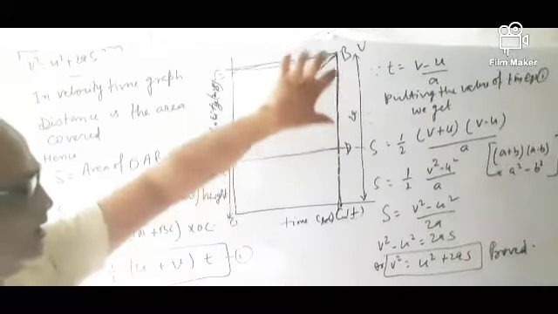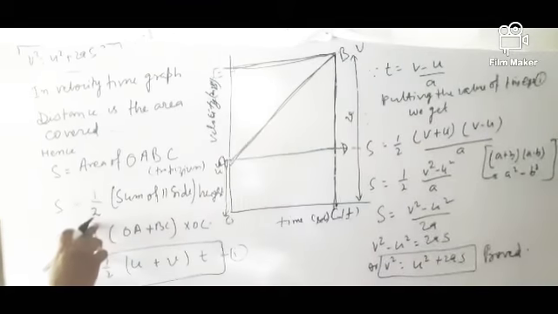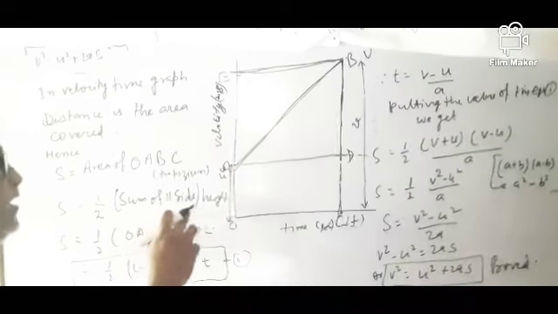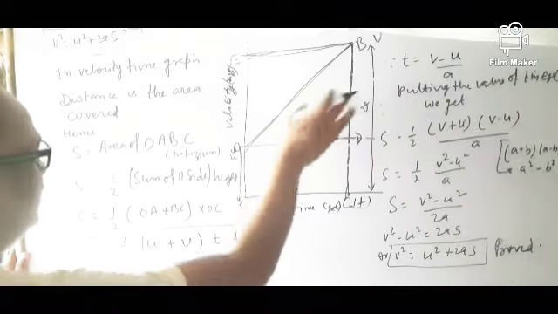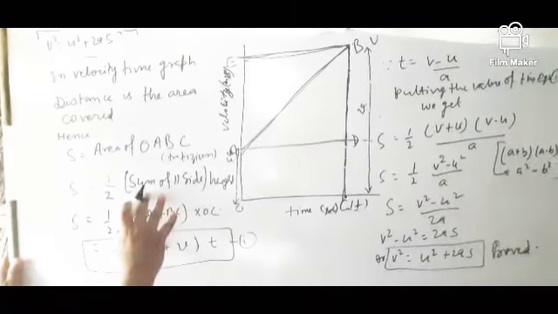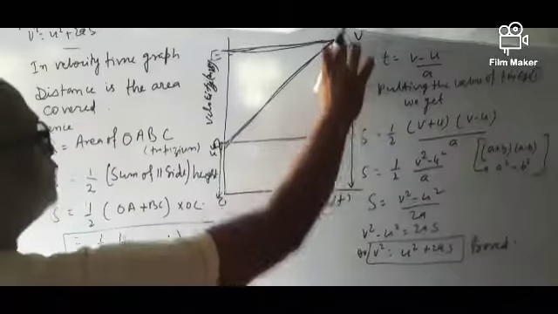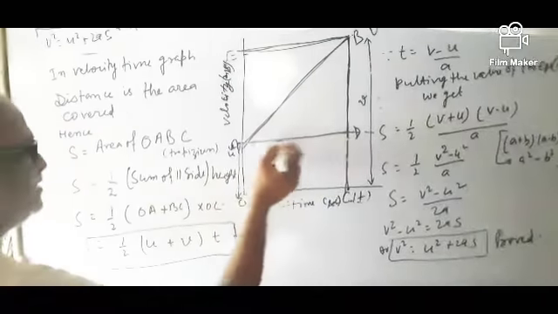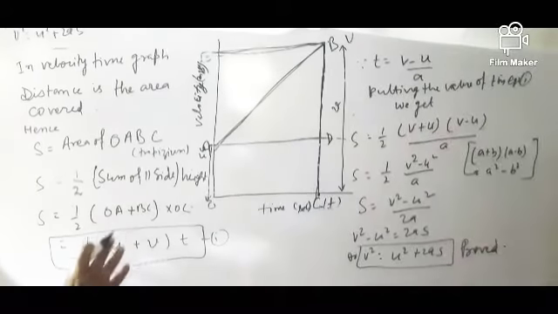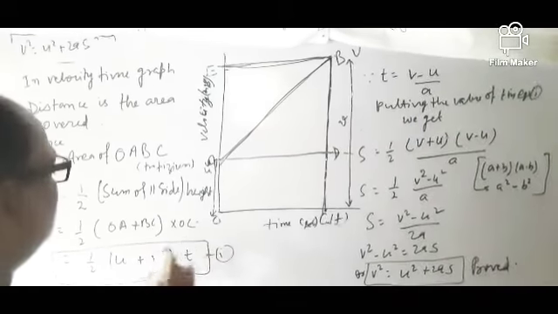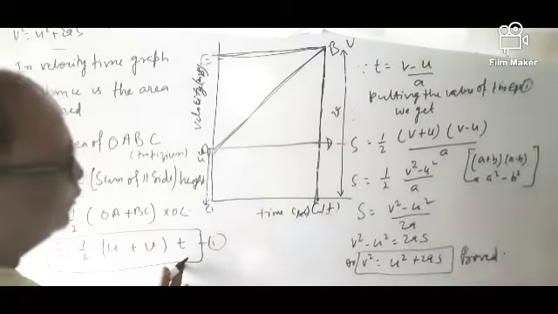Hence S, the distance, is the area of the trapezium, and the area of a trapezium is half into the sum of the parallel sides into the height. Here the two parallel sides are OA and BC, and the height is OC or BD. Substituting the value of OA as U and BC as V, we get S is equal to half into U plus V into t.